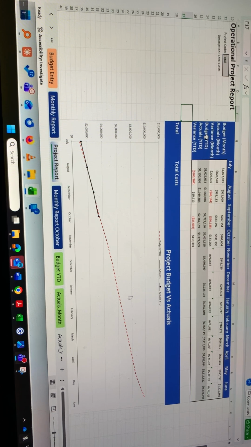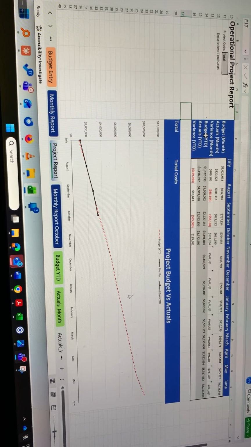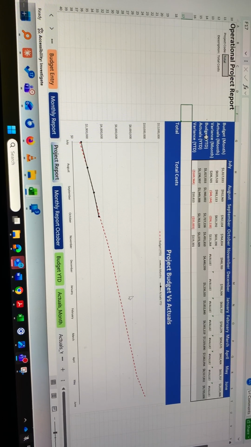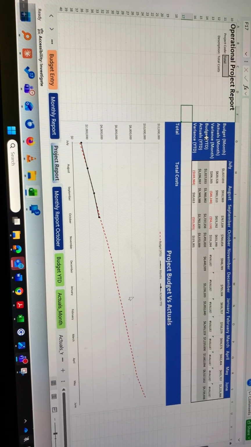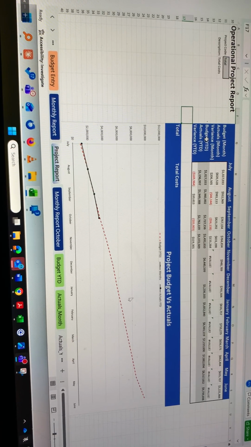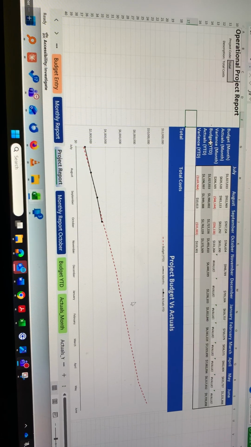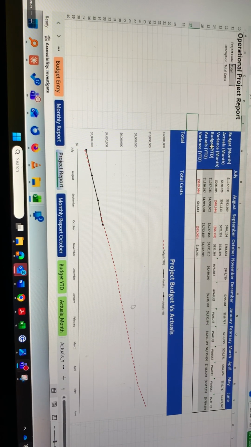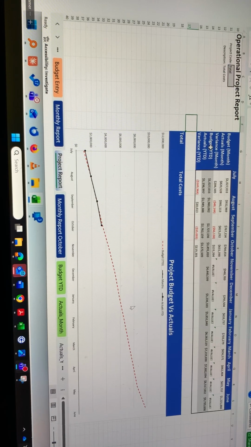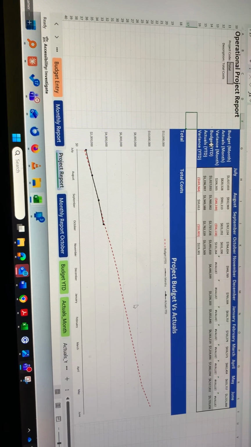The problem is, not that it's a problem, it's all about perspective. Accounting wants to know how much we've spent on labor, how much we've spent on fuel. What we want to look at is where those costs are going.